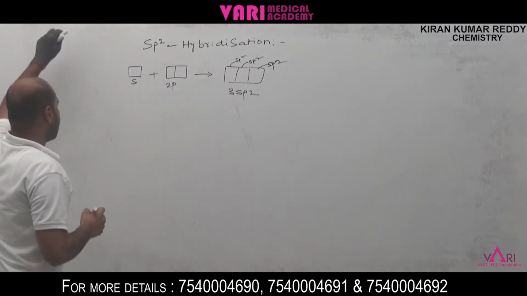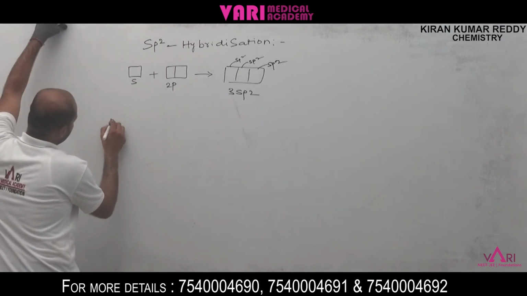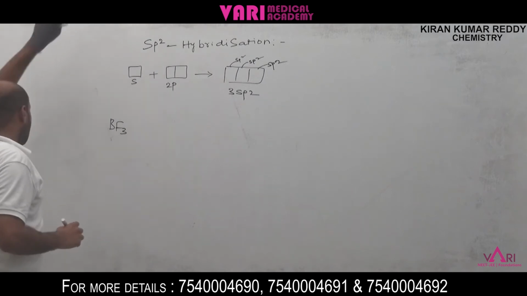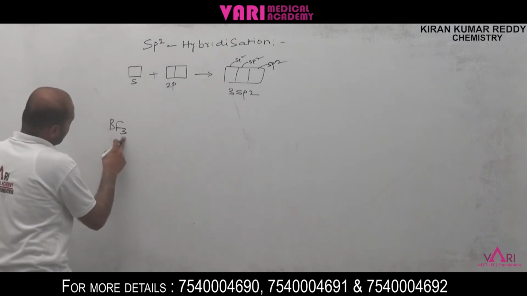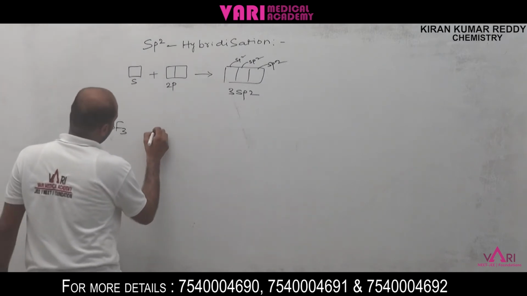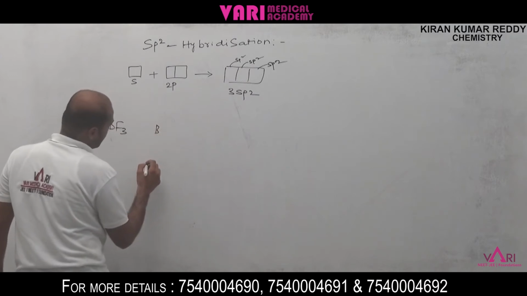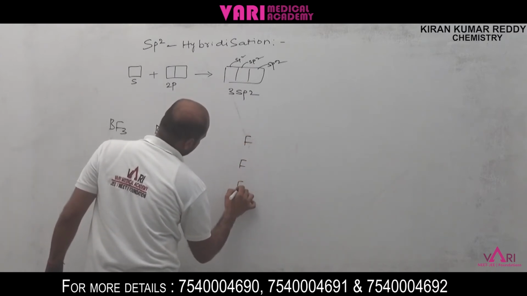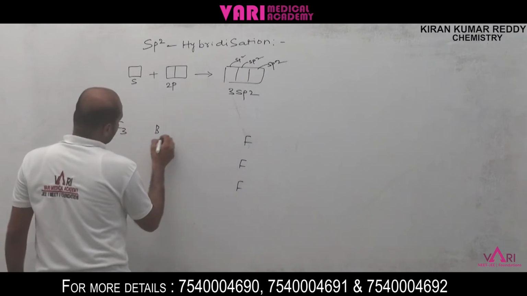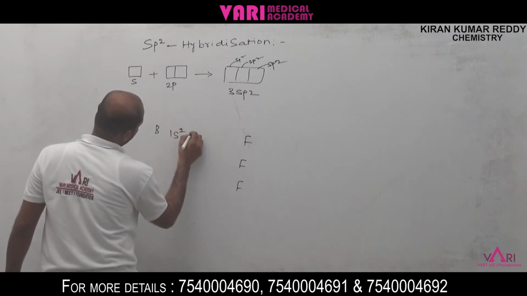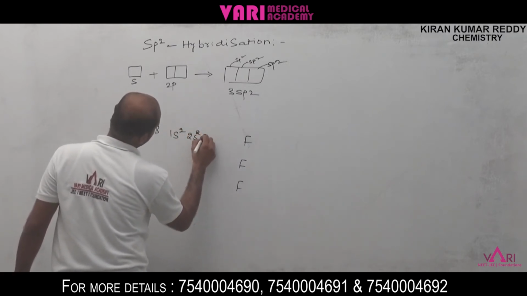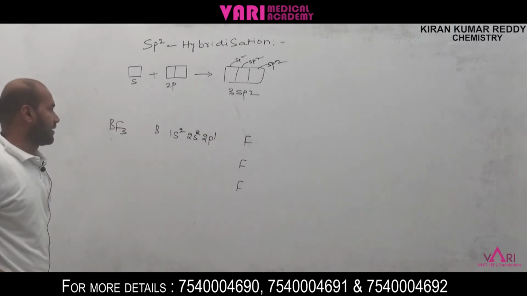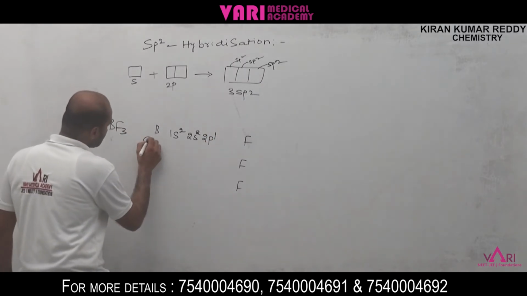Now the example I am taking is BF3, boron trifluoride. I am taking the boron electronic configuration, and three fluorines. Boron configuration is 1s2, 2s2, 2p1. This is the ground state.